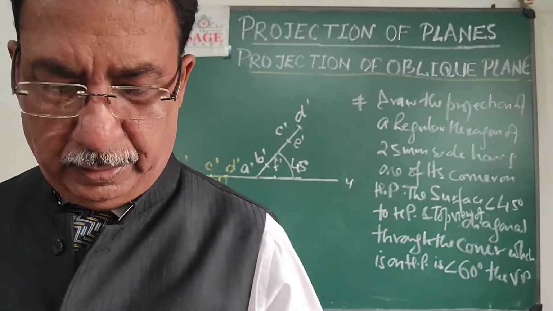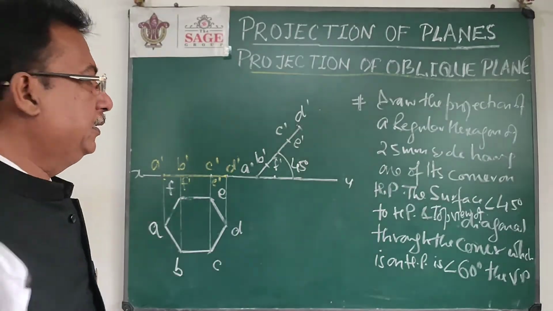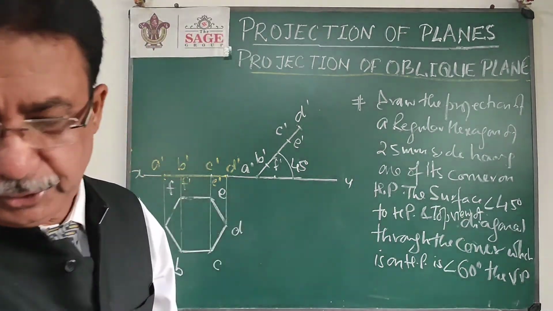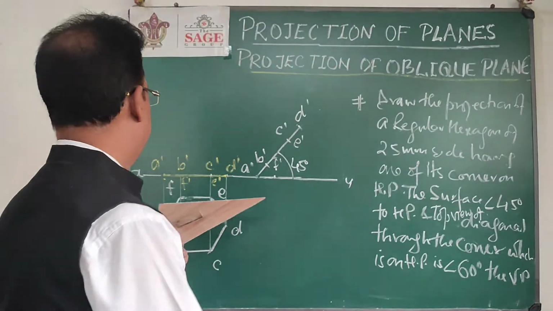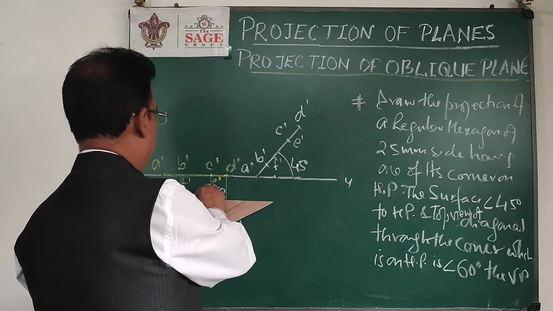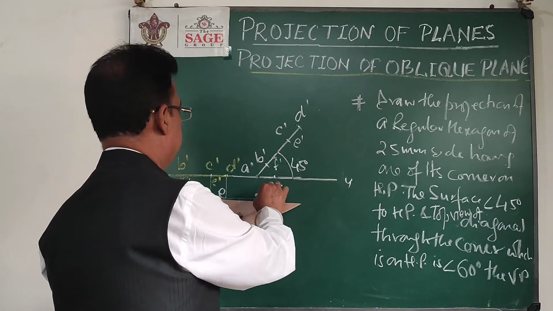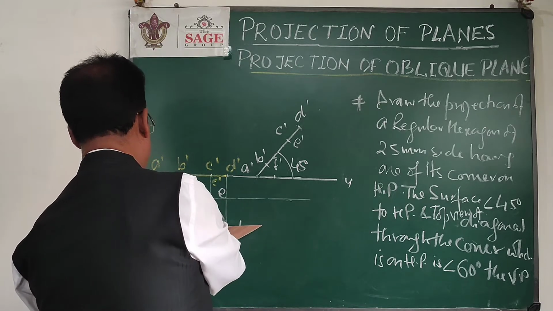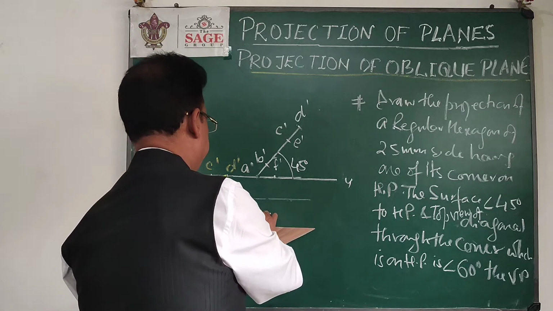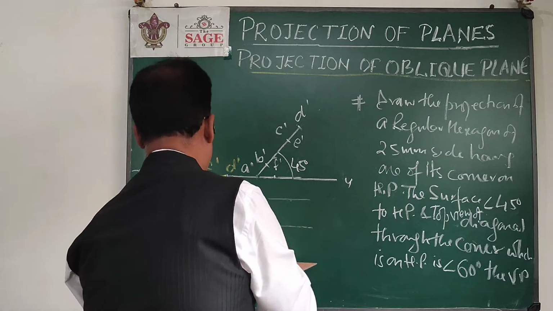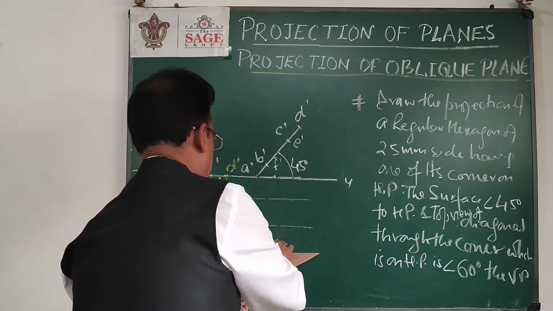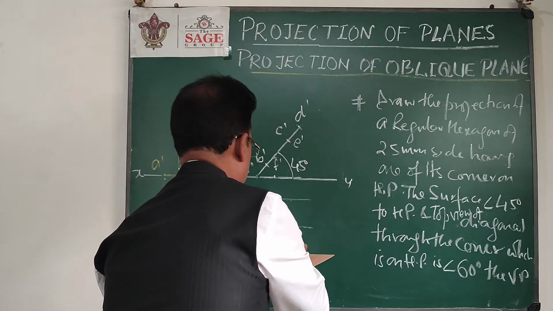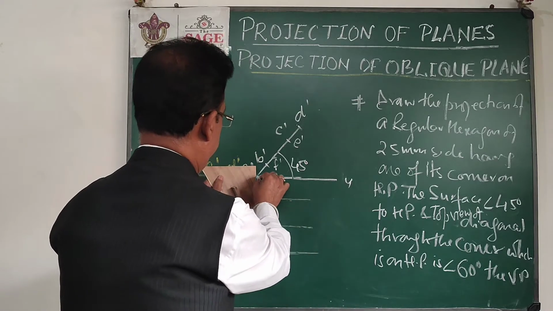As you know, when the plane is inclined to HP, the distances of the top view are not going to change. So I will draw the locus lines from the top view. There will be only 3 locus lines for 6 points. So this is the locus line.